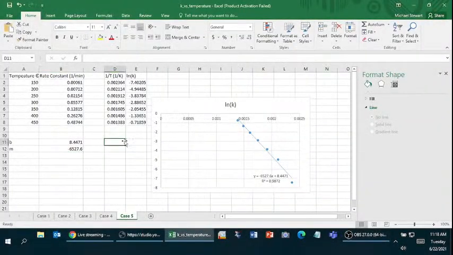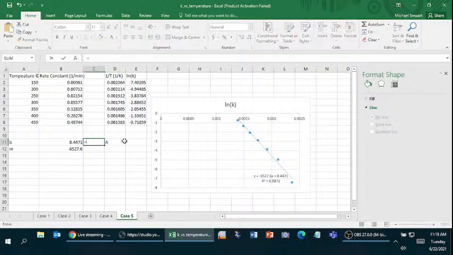So for our pre-exponential factor A, it's going to be the exponential of the y-intercept. For our EA, it's the negative of the slope times 0.008314. This 0.008314 is kilojoules per mole Kelvin.